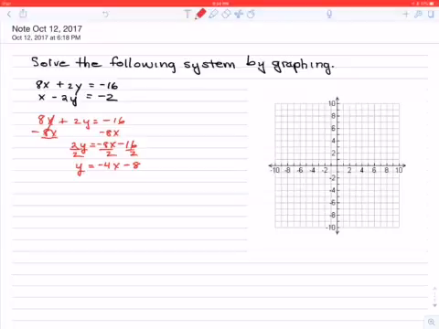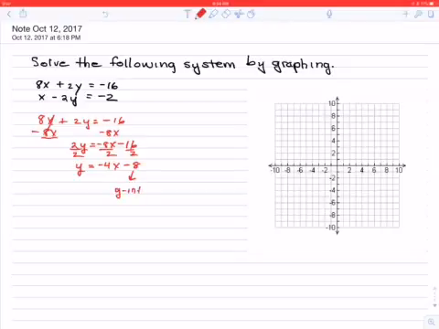Now, I could use the point plotting method to graph that equation. That is, select values of x to substitute into the equation to find out what the corresponding value of y is. Or I could use the slope and y-intercept to graph the equation. I'm going to go with the slope and the y-intercept. The y-intercept is the constant, or the number that stands by itself.